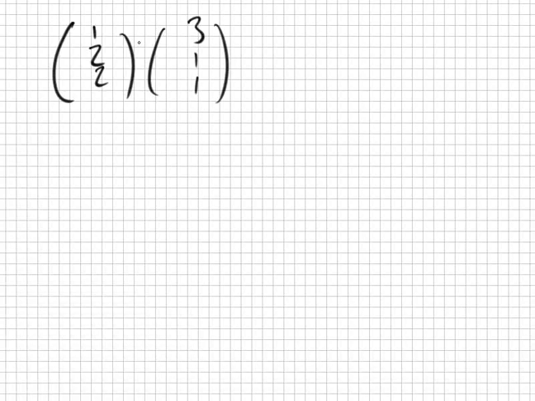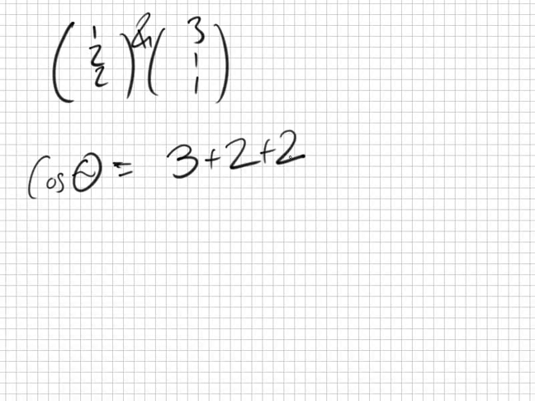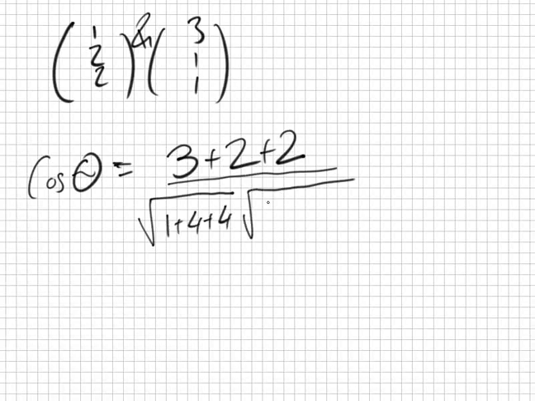Right, another example. I want the angle between this one and this one here. What's the angle between those two? So cos theta equals dot on the top, 3 plus 2 plus 2, over square root 1 plus 4 plus 4, times square root 9 plus 1 plus 1.